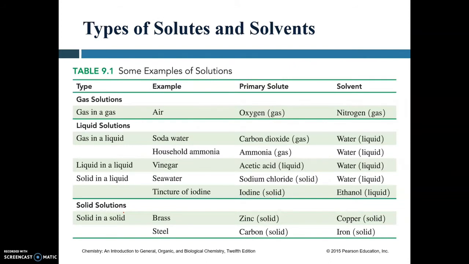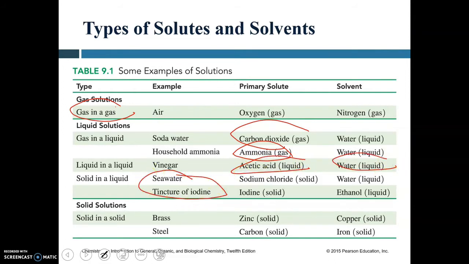There are different types of solutions. For instance, air is an example of a solution where gas is dissolved in gas. The primary solute is oxygen and the solvent is nitrogen. Liquid solutions you'll know: soda water and household ammonia represent solutions of carbon dioxide and ammonia in water respectively. Liquid in liquid is kitchen vinegar, acetic acid dissolved in water.